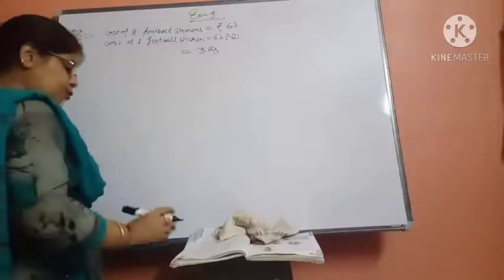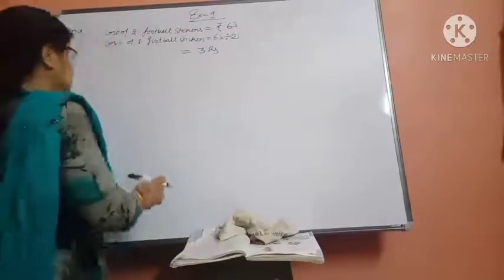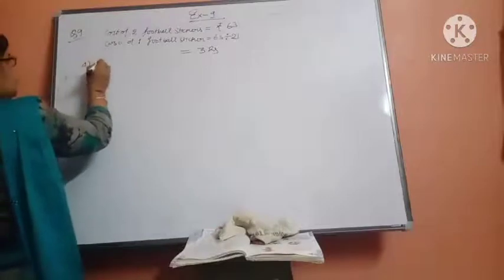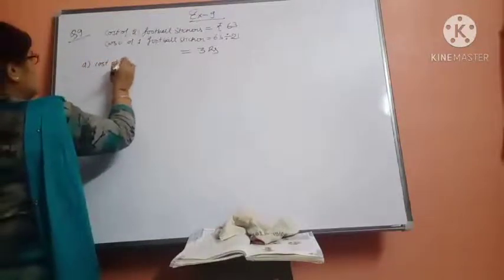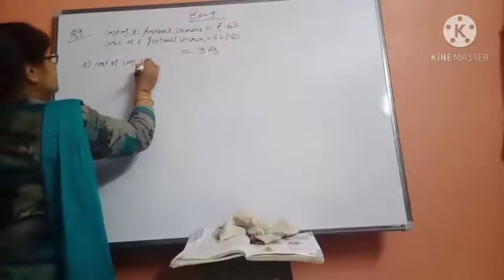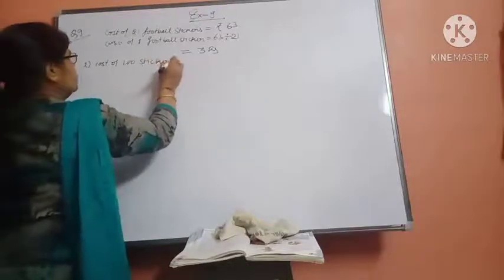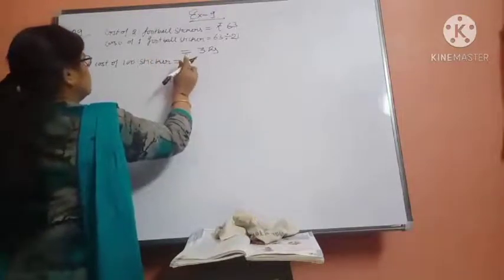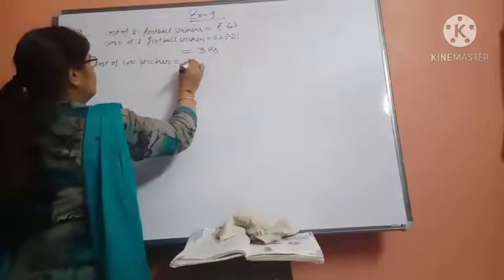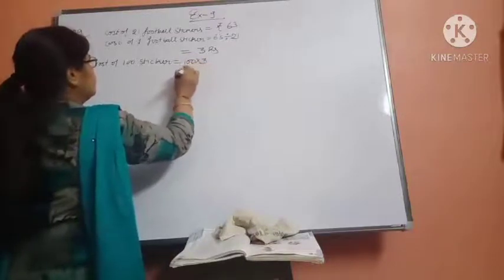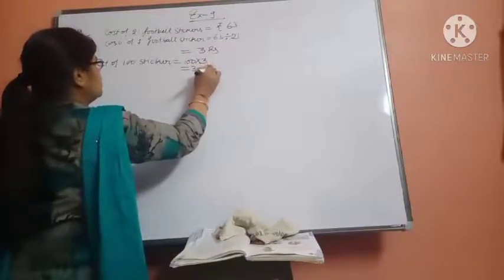Now you have to find the cost of 100 stickers. So in part A, the cost of 100 stickers is equal to 100 multiplied by 3, so it will be 300 rupees.